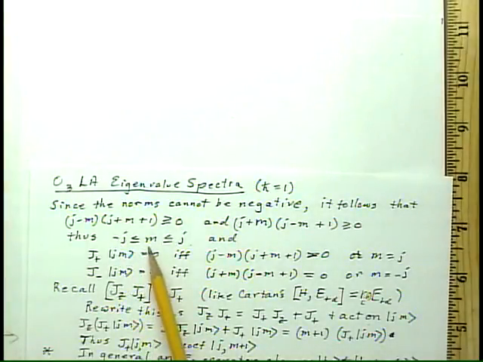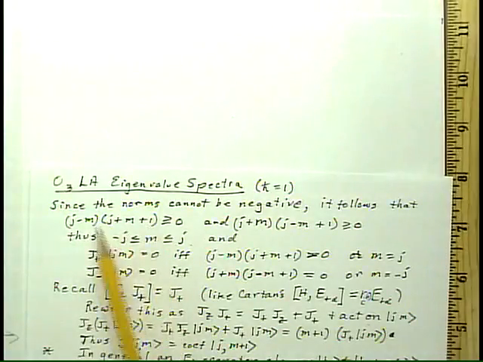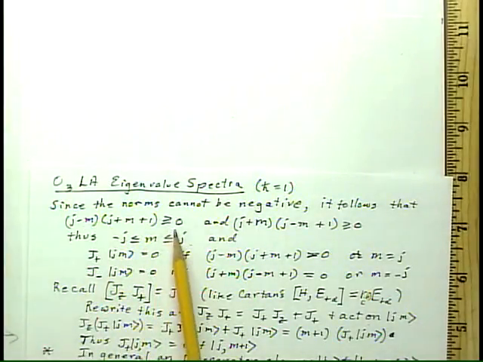That is because if m were to be greater than j, this would be negative and this would be positive, so the product would be negative, and that's not allowed.